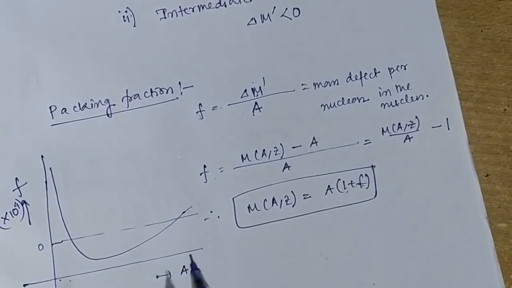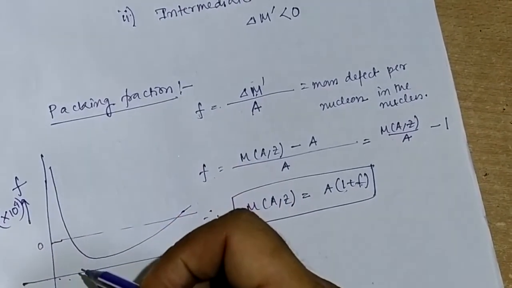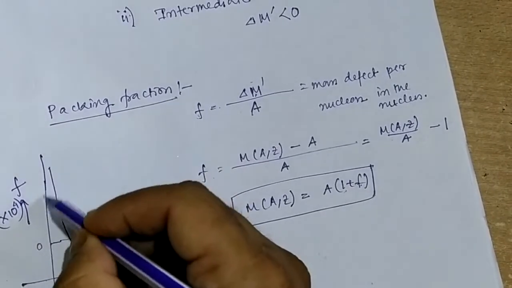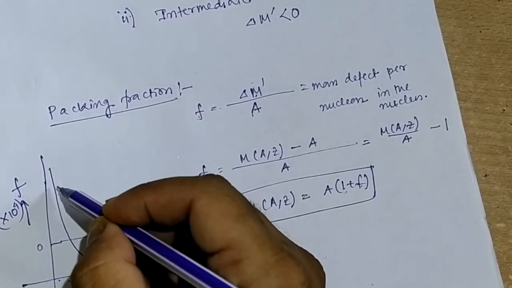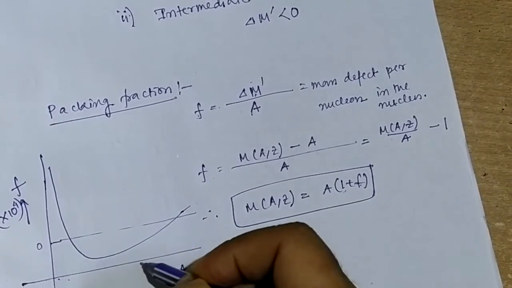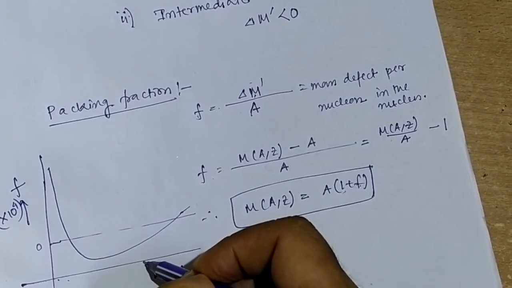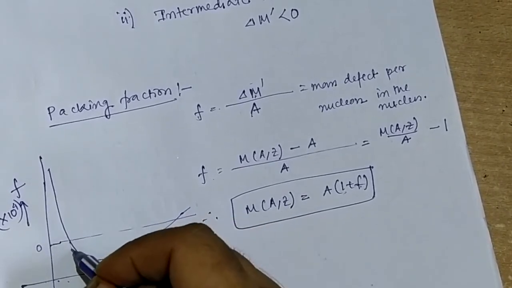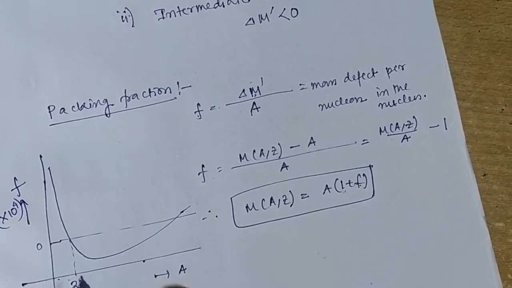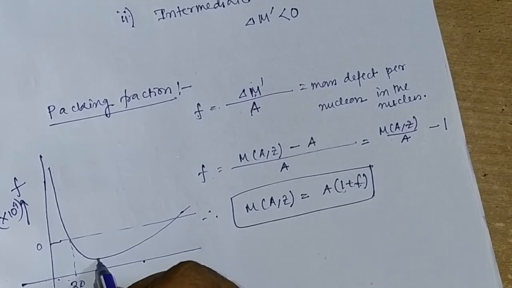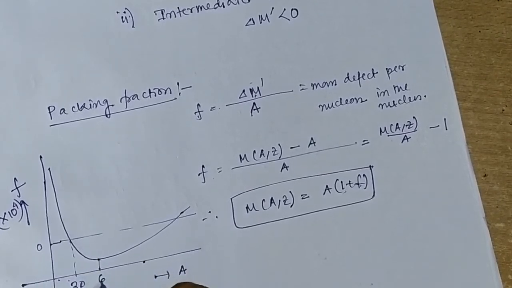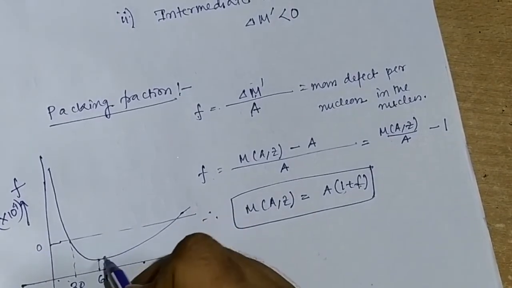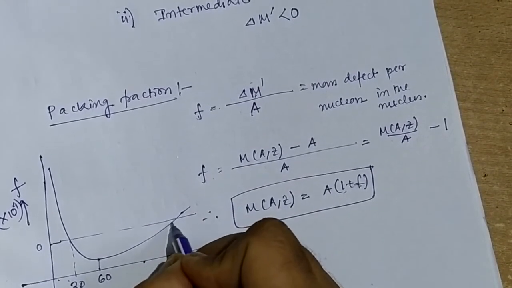Now from this figure it is seen that for light nuclei the packing fraction is positive and decreases rapidly with increasing A, and it becomes negative for A greater than 20, attains a minimum in the negative sense at A equal to 60, and again rises slowly for higher A value.